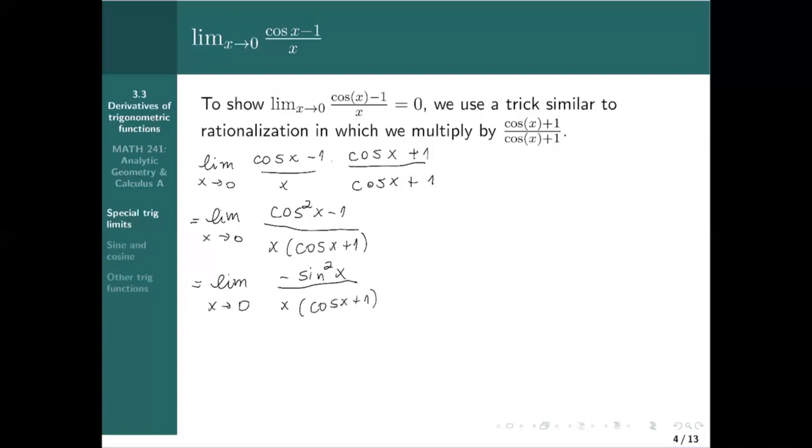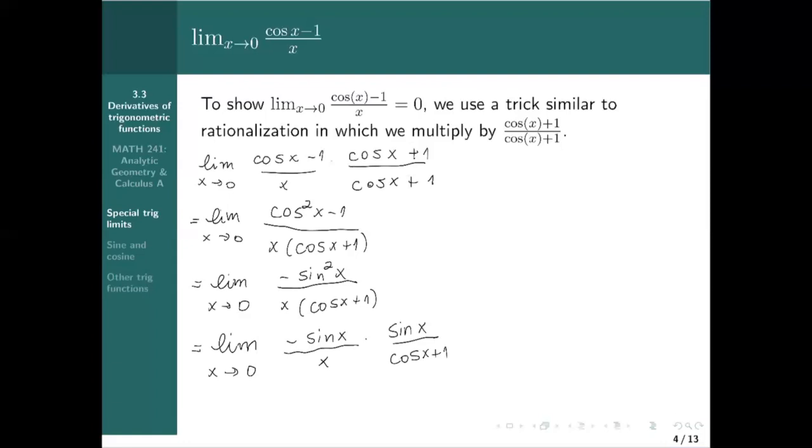I'm going to rewrite this function as minus sine of x over x times sine of x over cosine of x plus 1.